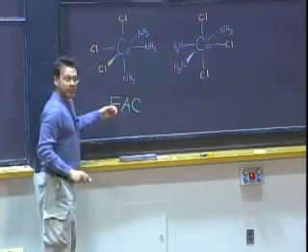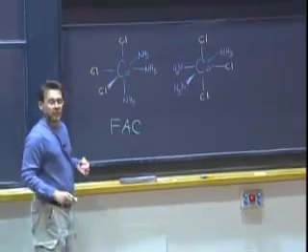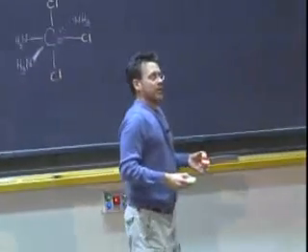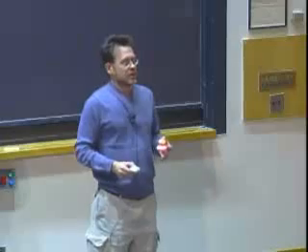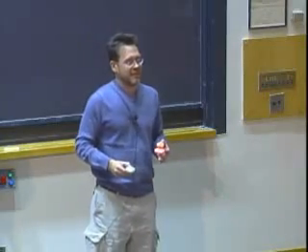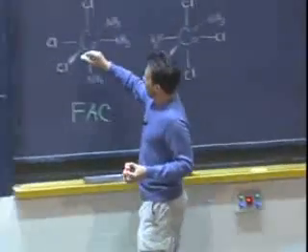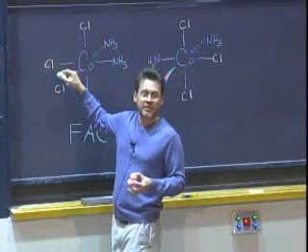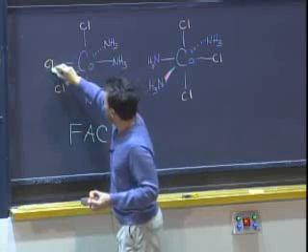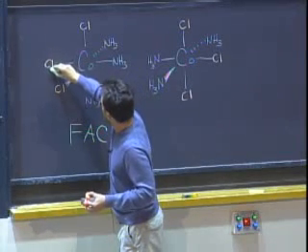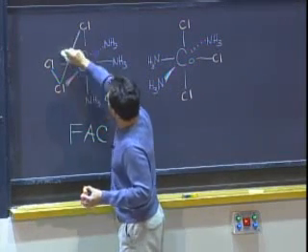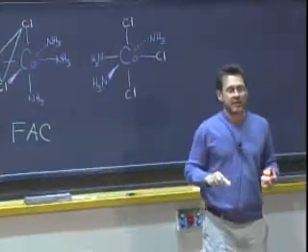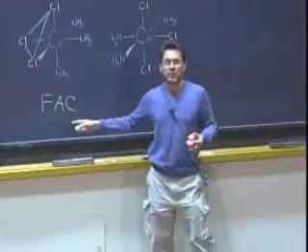And that fac is an abbreviation of the word facial, because if you remember that the octahedron is composed of a set of 8 equilateral triangles, then the polyhedron that we call the octahedron has both vertices and faces, and these chlorides in this particular case can be seen to define one of the 8 faces of the octahedron, and so that's the facial isomer.